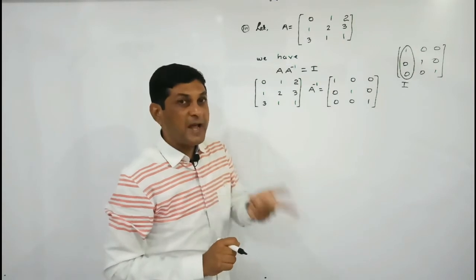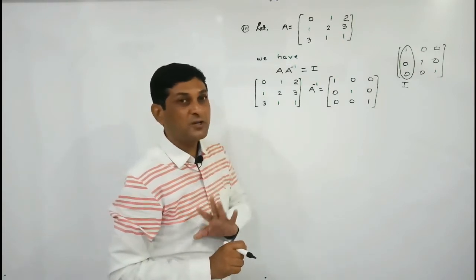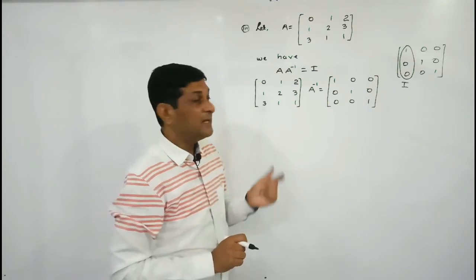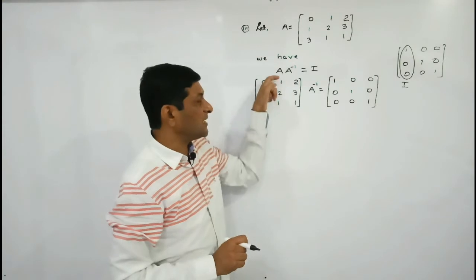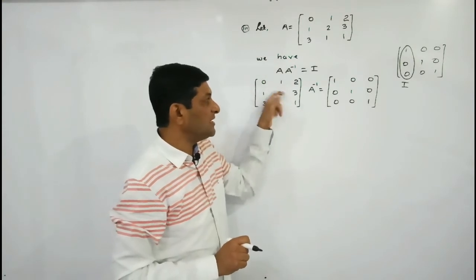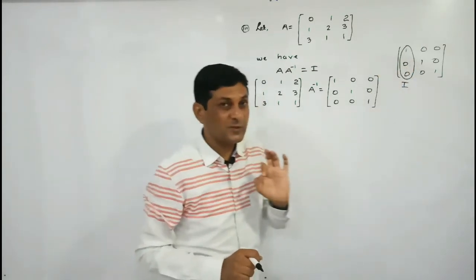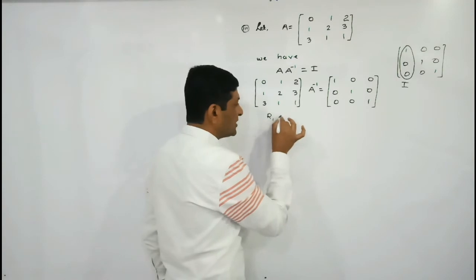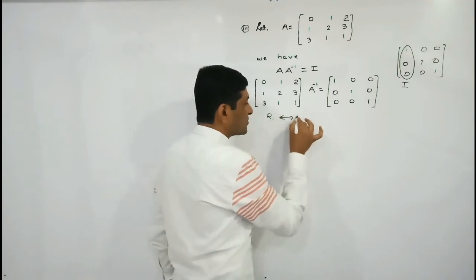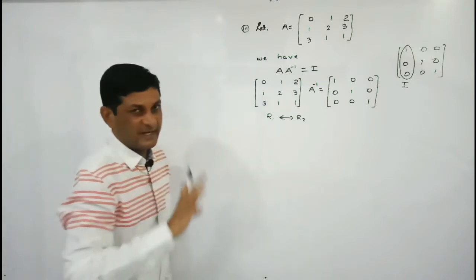But we are giving priority to perform the first operation, interchange of the elements of 2 rows. ऐसा क्यों करना है? क्योंकि हमें यहाँ पे 1 चाहिए, और अगर हम रो इंटरचेंज कर रहे हैं, तो ये 1 नीचे आ जाएंगे और ये 1 ऊपर चले जाएंगे, and we will get this element also, isn't it? So that's why we are giving priority to interchange the elements of first row and second row.